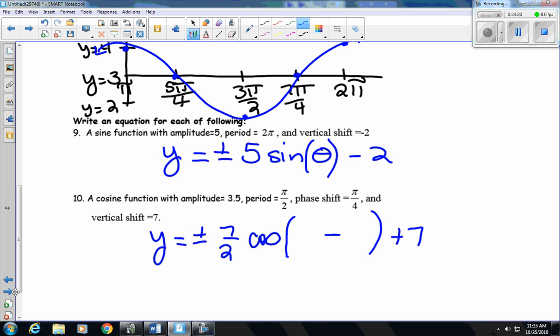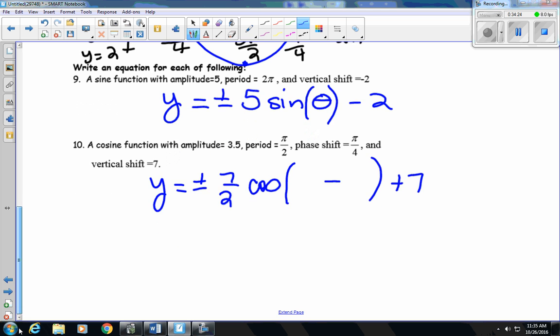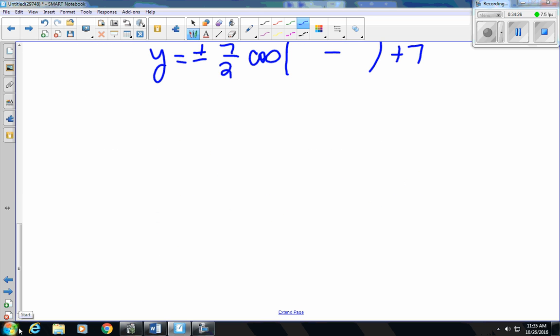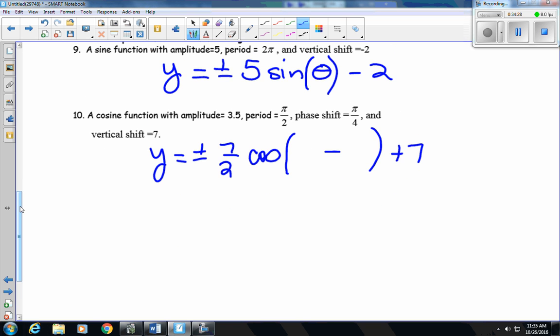So now let's figure out how to get the other pieces. We have to work backwards. I'm going to extend the screen a little bit so you can see how we would do this. What is the formula for finding the period? If I set it up like this, period equals 2 pi over b, and I use the information they gave me, what is the period? Pi over 2. So pi over 2 equals 2 pi over b.